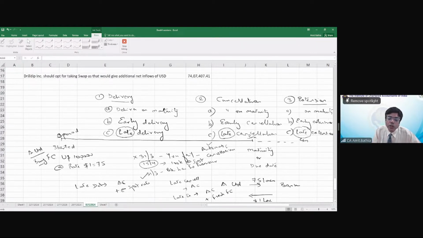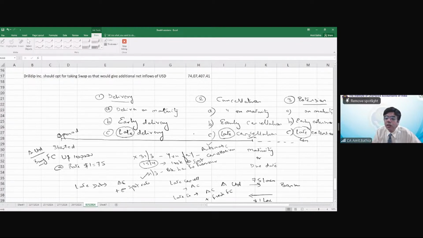Late cancellation. In case of late cancellation, remember you will have automatic cancellation which has already been triggered. However, you will also have to pay the charges, etc., which we just spoke about, right? Automatic cancellation, you may have bank charges to be paid, fixed charges, the margins of the bank, and any losses which may have happened. Now here there is one important provision under the FEDAI rules, and that is that while the loss will be transferred to the customer, the gain will not be transferred, right?